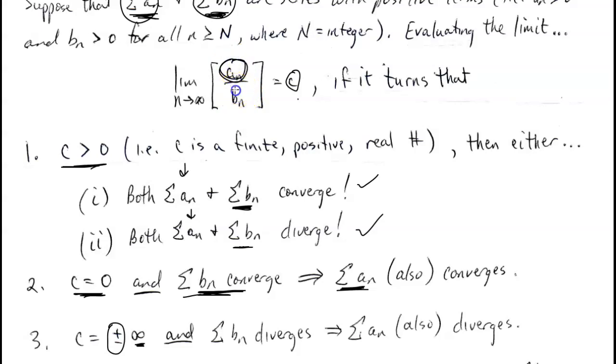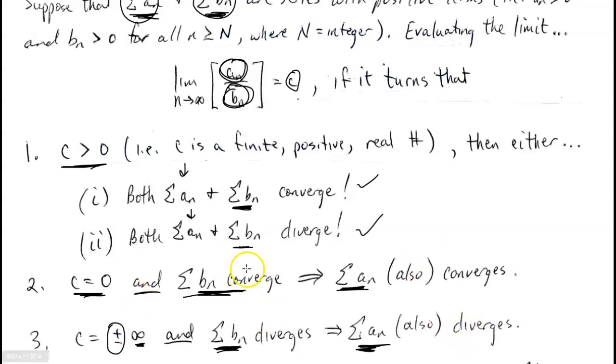So this is the larger sequence, that's the smaller sequence. And so because of that, if our smaller sequence corresponds to this smaller series, if it diverges, then that means that the bigger series will also diverge. Again, similar language to the direct comparison test for improper integrals.